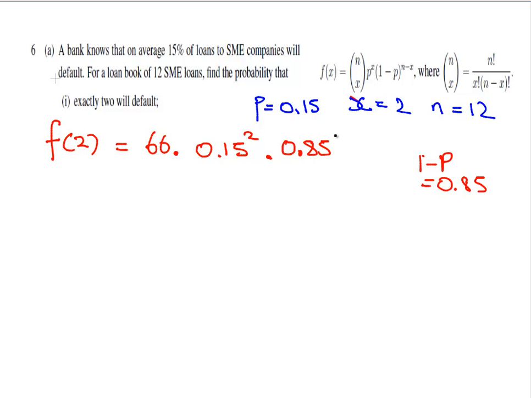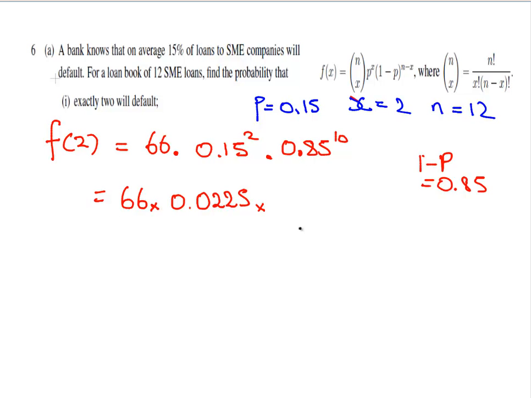N minus x is 12 minus 2, which is 10. So what we have now is a very straightforward bit of calculator work, and let's work that out. It is 66 times 0.0225.